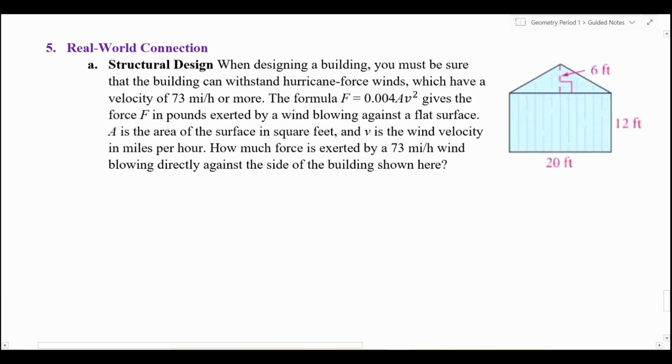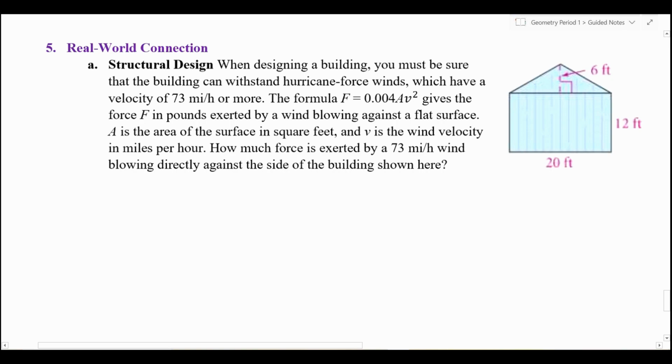The formula F equals 0.004 times A times V squared gives the force F in pounds exerted by a wind blowing against a flat surface. A is the area of the surface in square feet, and V is the wind velocity in miles per hour. How much force is exerted by a 73 mile per hour wind blowing directly against the side of the building shown here?